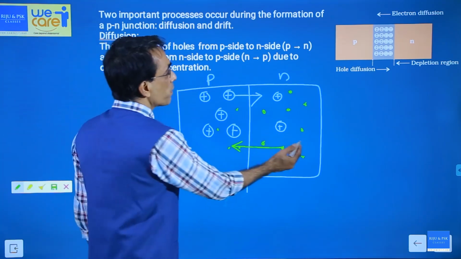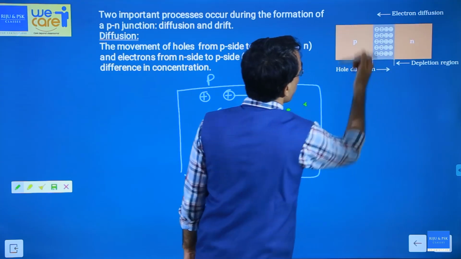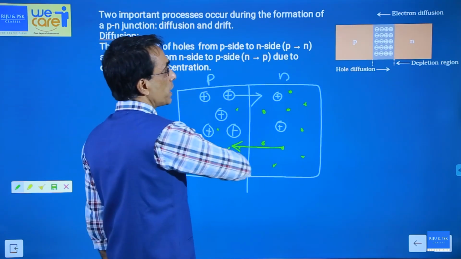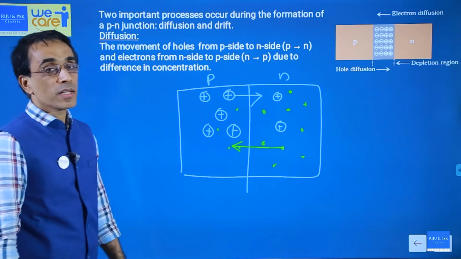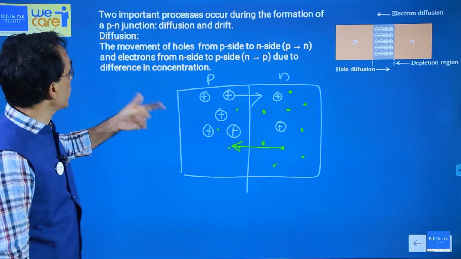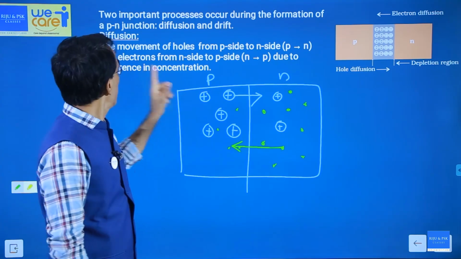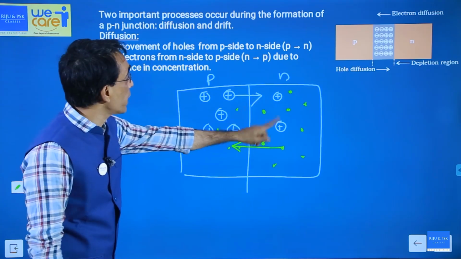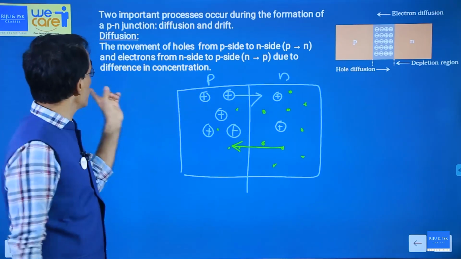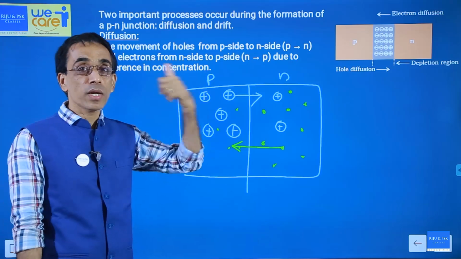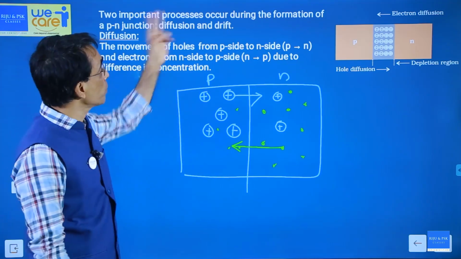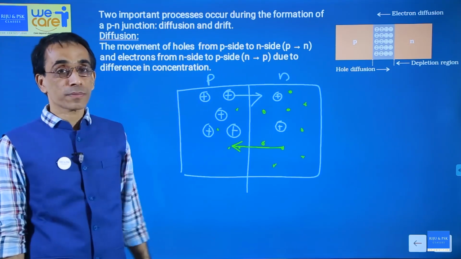Electron diffusion is from n side to p side, hole diffusion is from p side to n side. What is diffusion? The movement of holes from p side to n side and electrons from n side to p side due to difference in concentration is called diffusion. Out of the two important processes, one is diffusion.